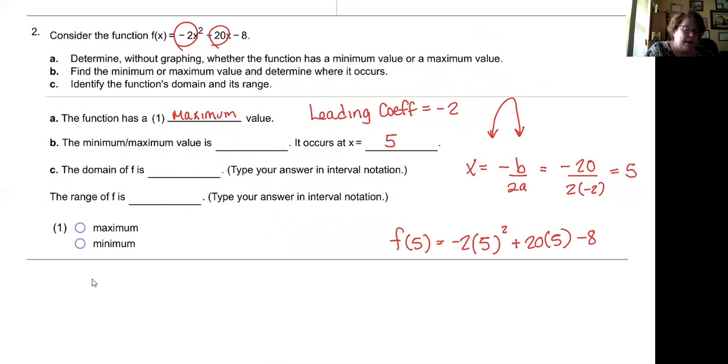So I'm going to take my calculator out and do that calculation, and I get 42. So the maximum value is 42 and it occurs at x equals 5. The domain of every quadratic function, the domain of every polynomial function is the set of all real numbers.